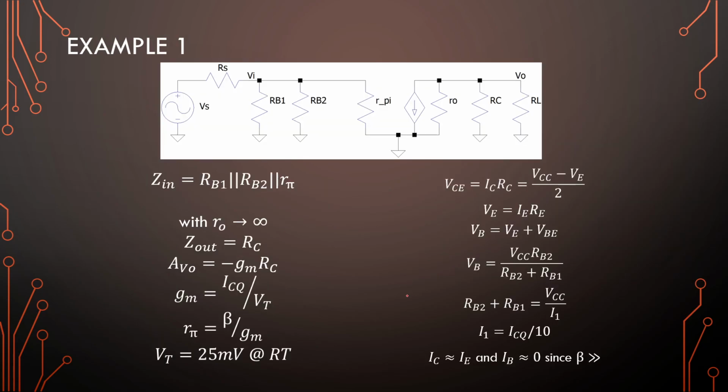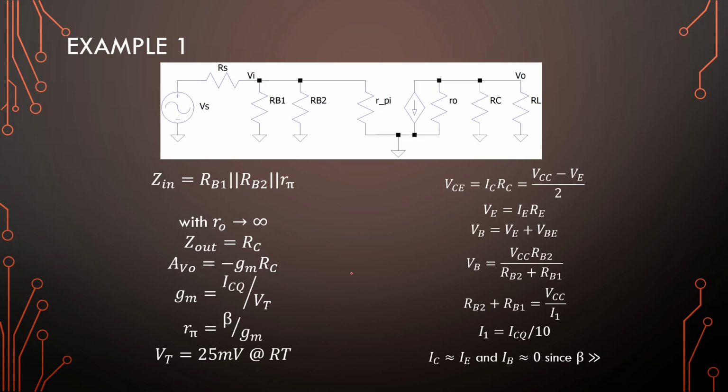So what we know off the bat is our input impedance. It's a good thing to write down the equations that are relevant to the amplifier. So the small signal equations that are relevant are on this side, and then the DC equations are on this side.